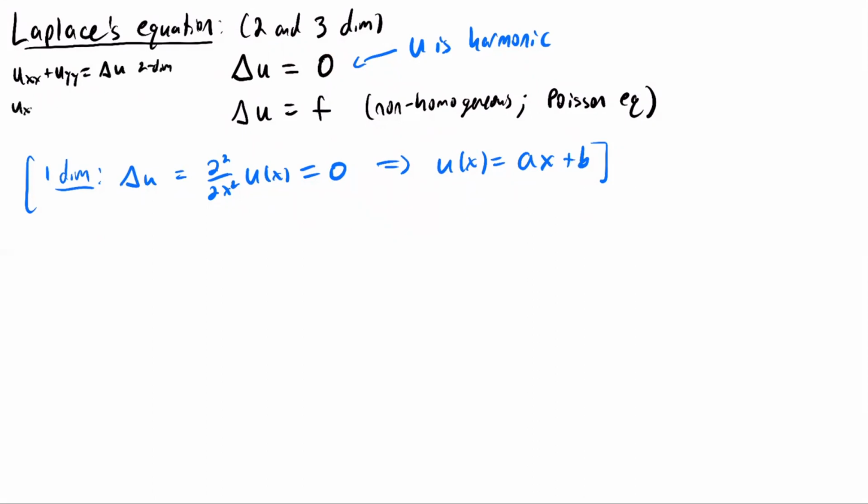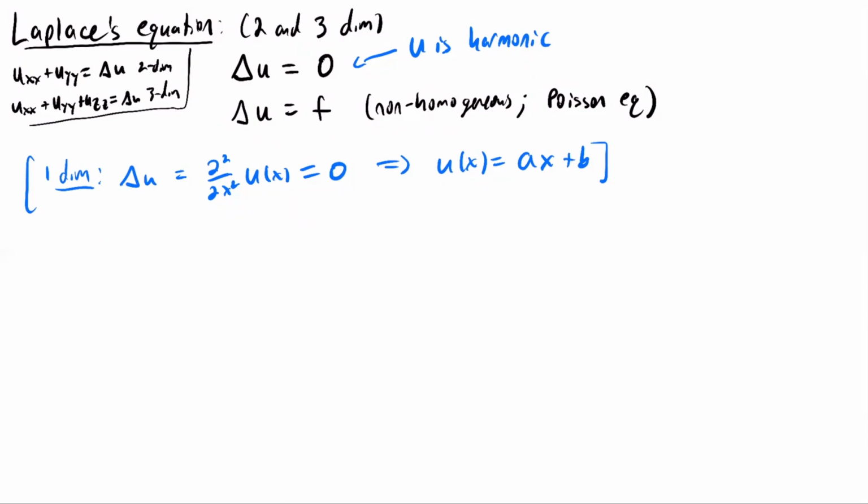And in 3 dimensions, let's say the function u is a function of x, y, and z. Then you have uxx plus uyy plus uzz is equal to the Laplacian of u. We're going to study this equation in detail over the next several lectures.